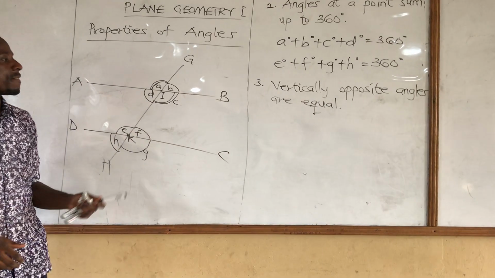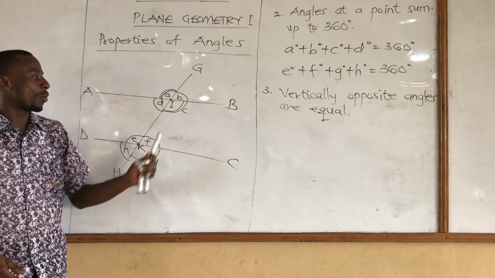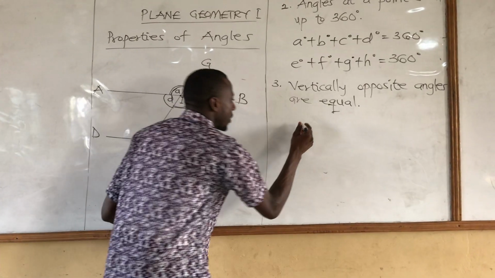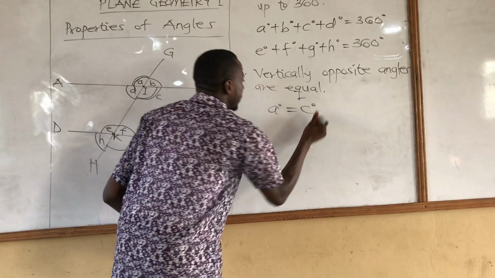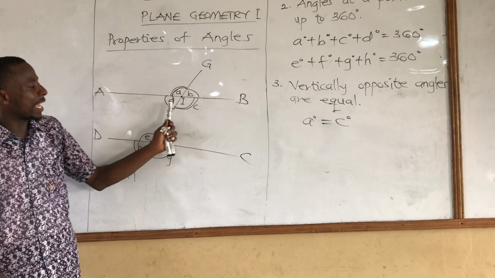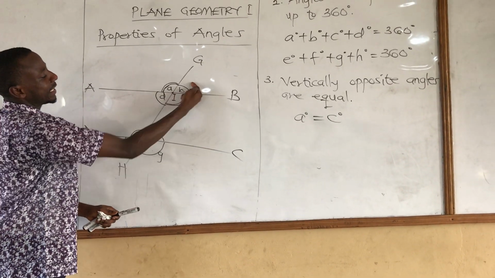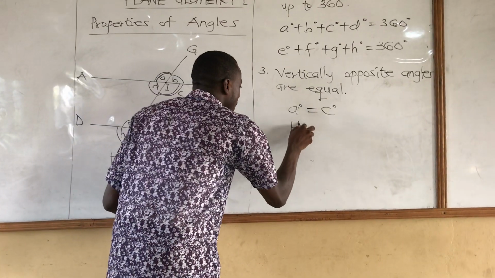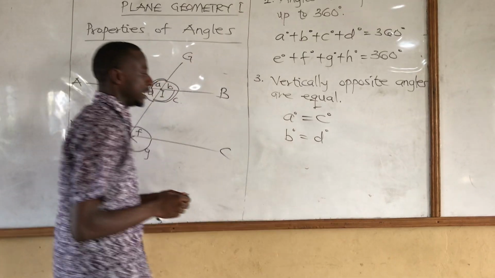So we can say that vertically opposite angles are equal. So angle A is equal to angle C. At the same time, angle B and angle D are also facing each other. They are also opposite. So angle B is equal to angle D.